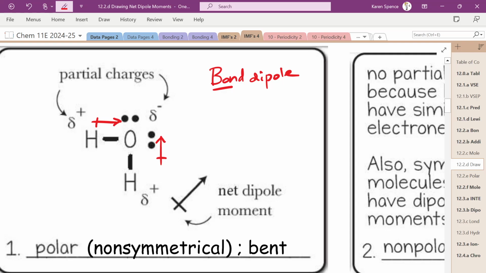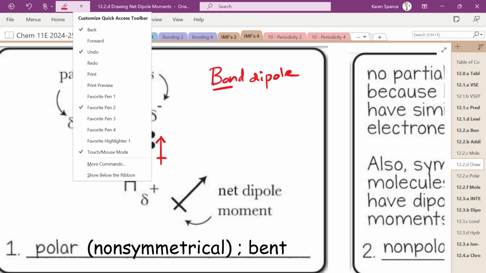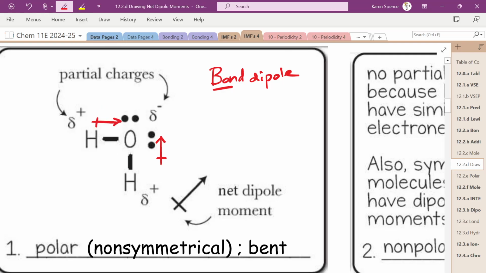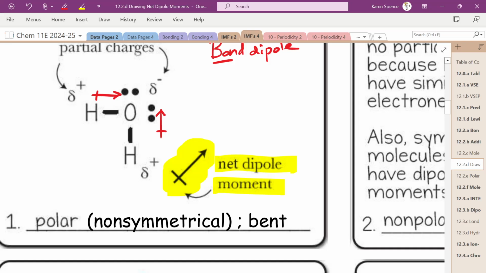And the net dipole points that away. So far, so good? Okay. So that's what a dipole is.